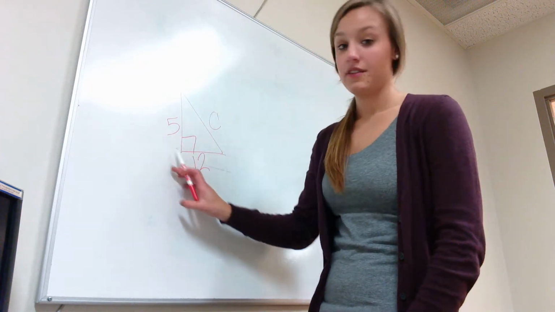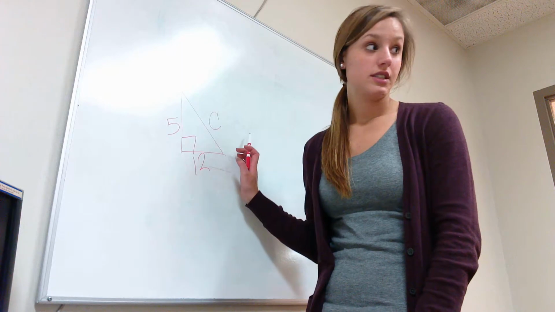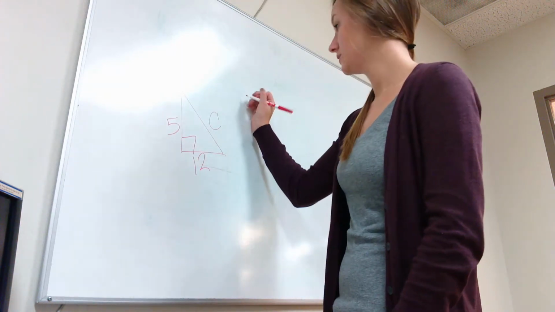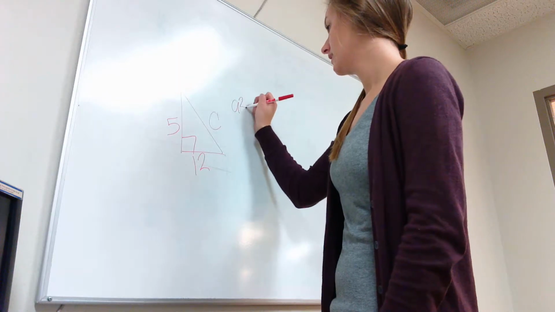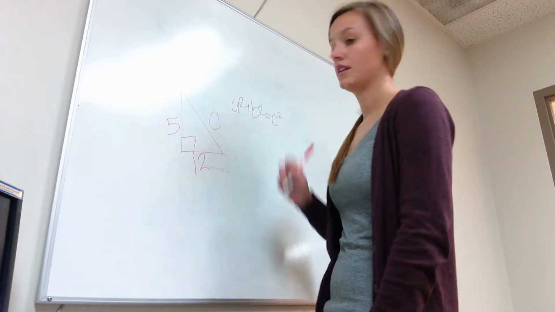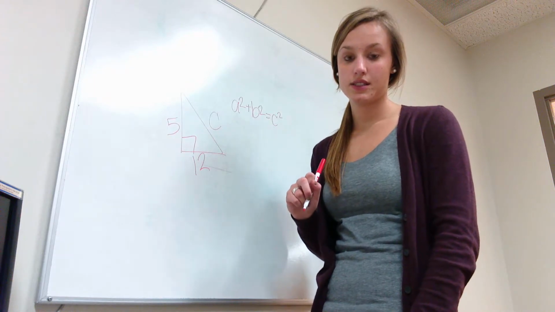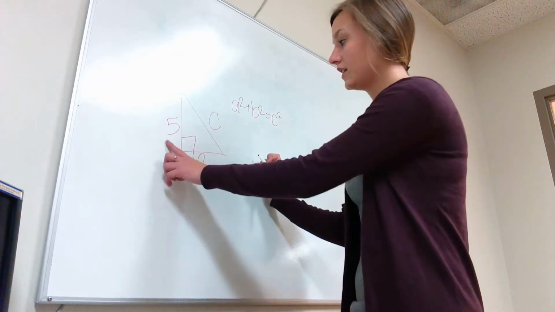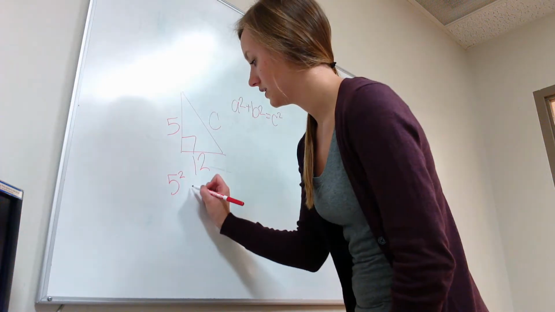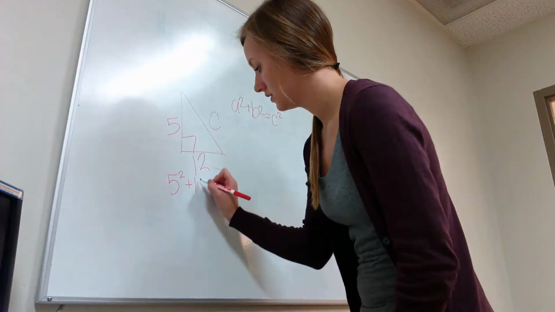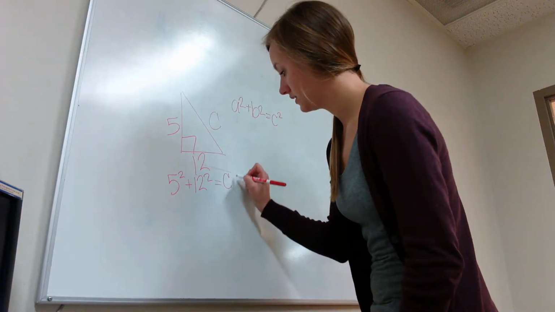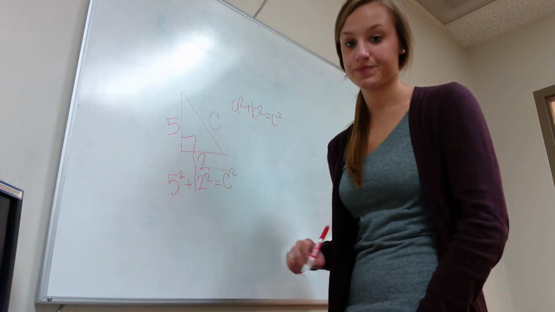So now that we know that we have 5 and 12, we're going to solve for C. If we plug this into our equation, that I'll write up here again so you can remember, A squared plus B squared equals C squared. We have our A, which is 5. So 5 squared plus 12 squared equals C squared.